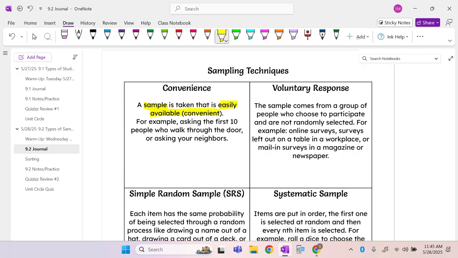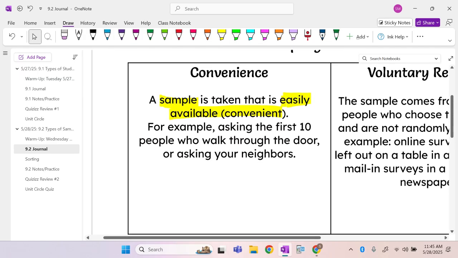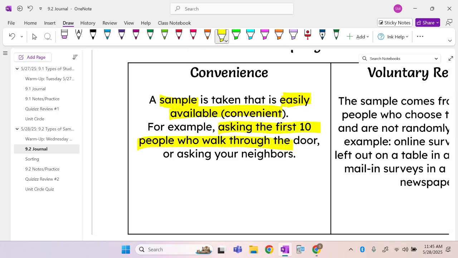All right. So it's easily available or convenient. An example would be you ask the first 10 people who walk through the door, or you just ask your neighbors. So it's basically what's convenient for you. An example of this in our scenario would be, let's say I was taking a survey on how you wanted class to run today, but I only asked the first 4 people that walked into this class.